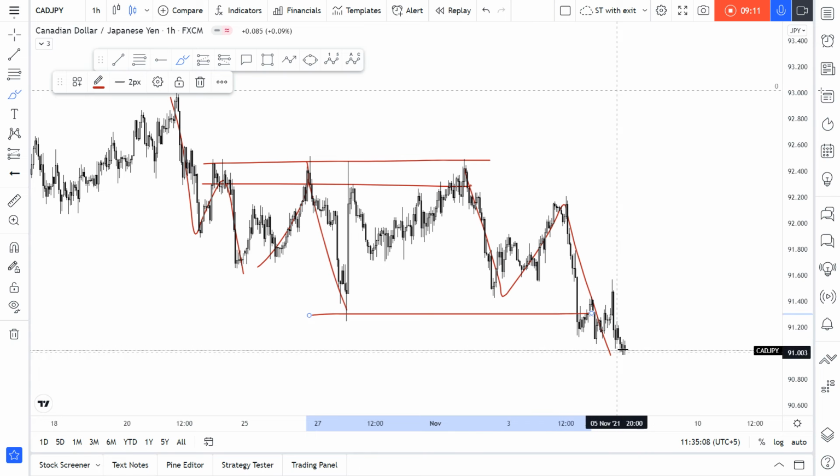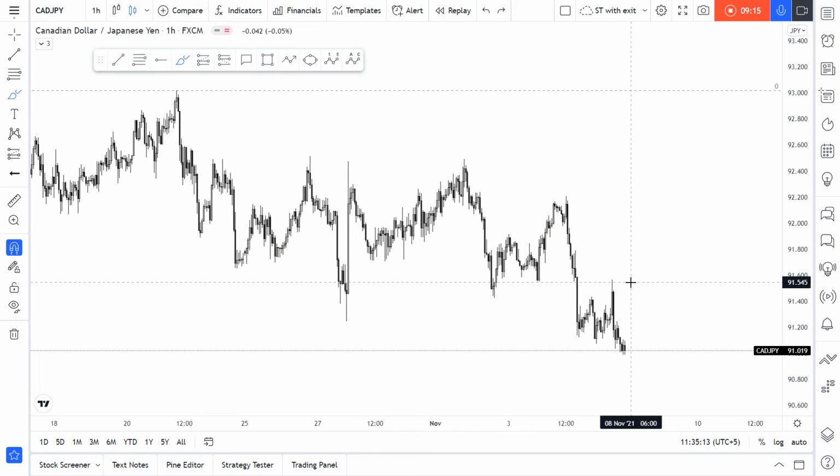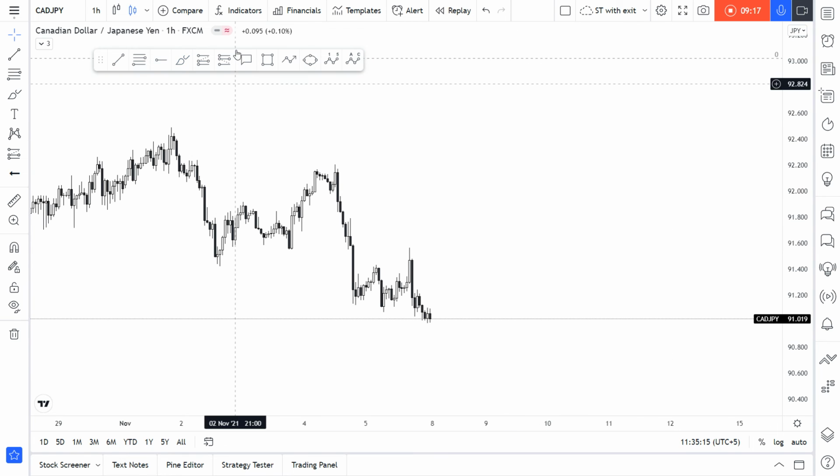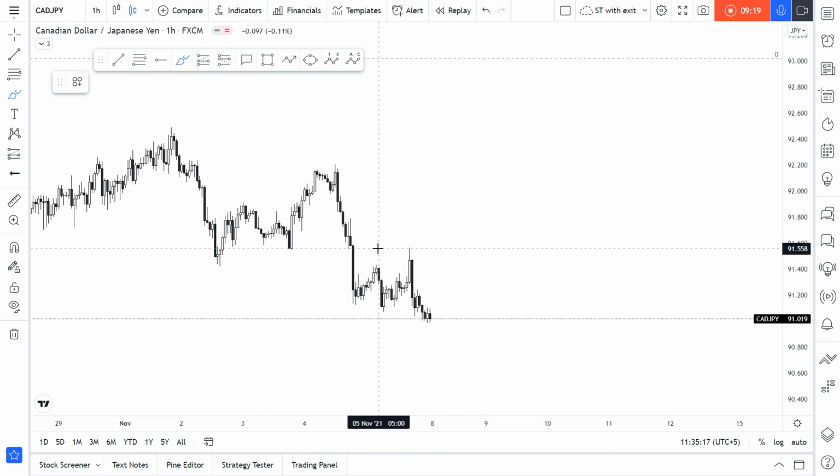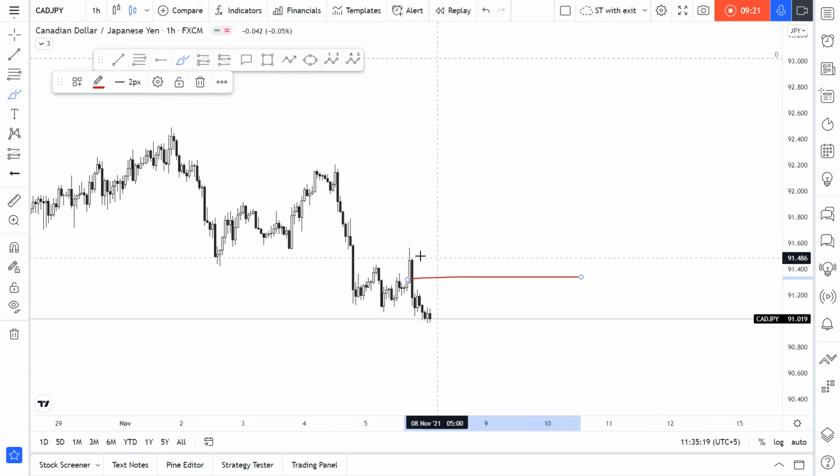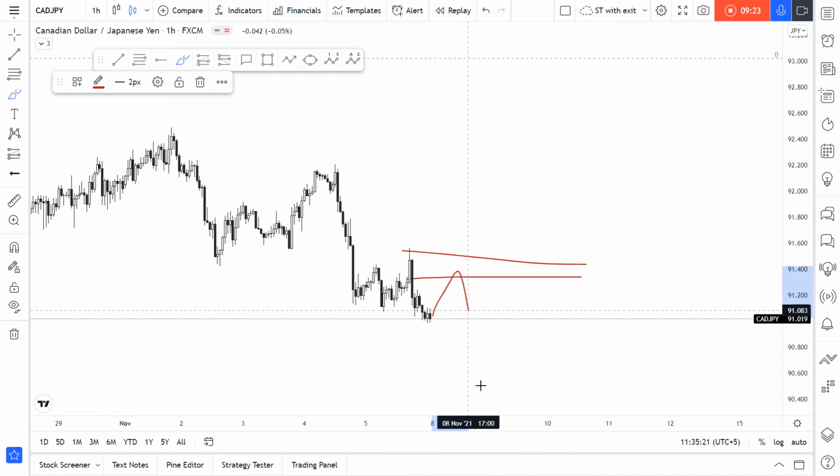Yeah, it broke this structure over here. So we can anticipate movements to those levels, because I believe it might go here and go down.